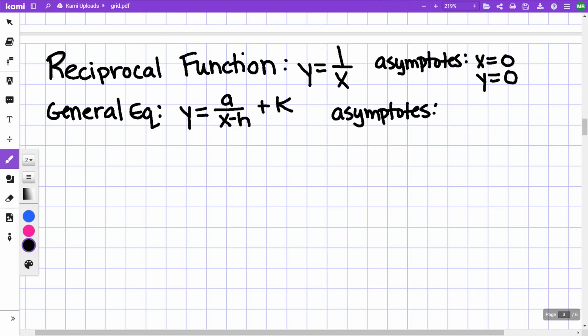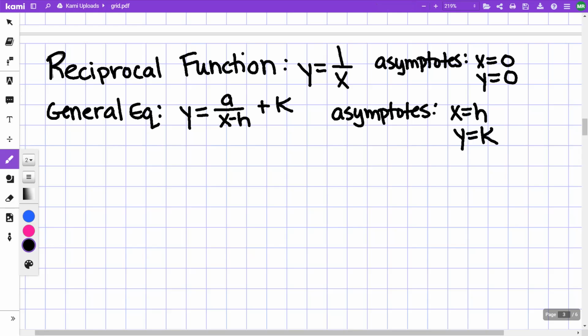It is going to be whatever makes the denominator 0. So since it's an x minus h, what makes that 0 is x equals h. And then the plus k is going to move your graph up, so you're going to have one at y equals k.